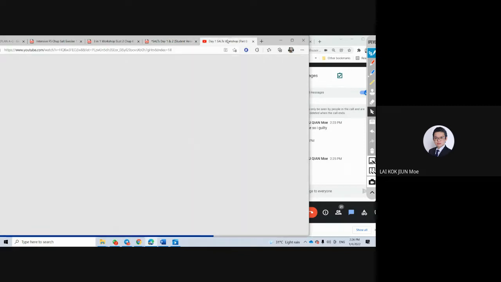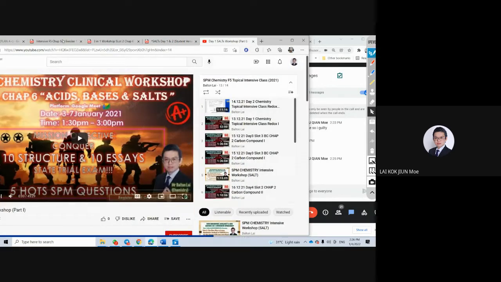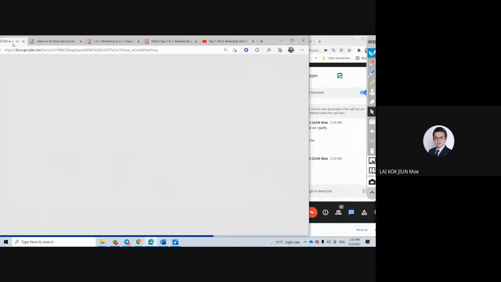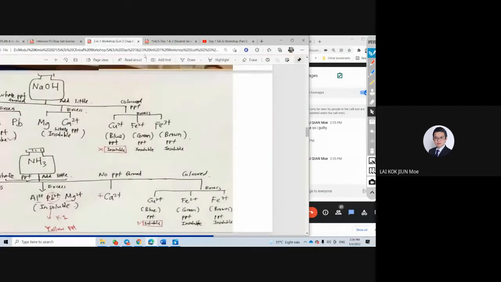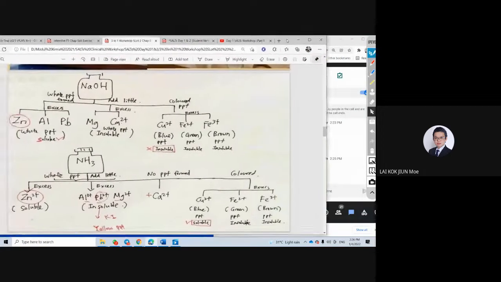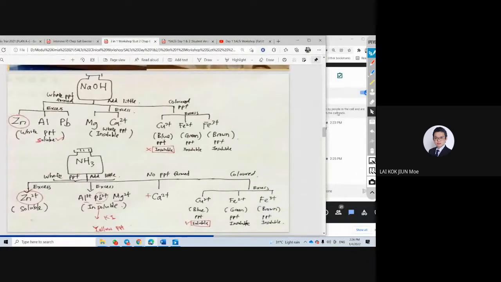So you can refer to my diagram here. Okay, here is the diagram. You can see the zinc here. Zinc is always soluble. So all three are soluble in acid and NaOH.